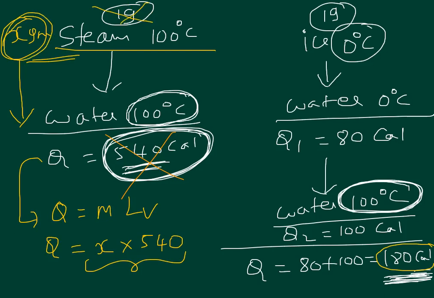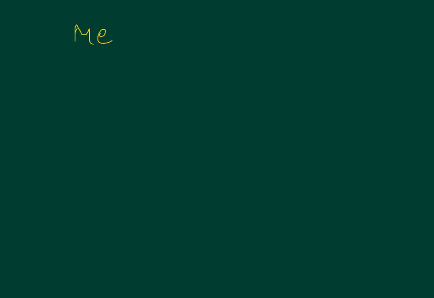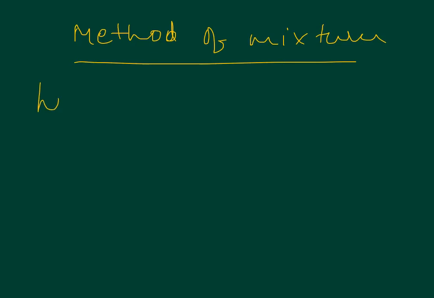Just converting X grams of steam is enough. So the mass I have selected is only X grams, X into 540. From the method of mixtures, we know that heat lost by steam is equal to heat gained by ice.